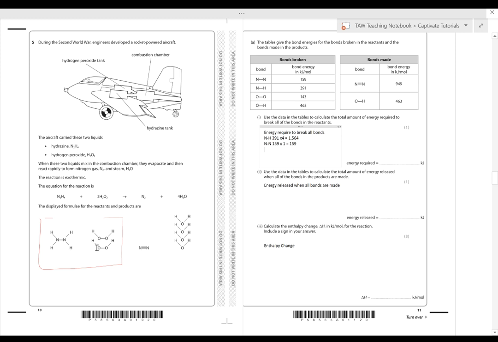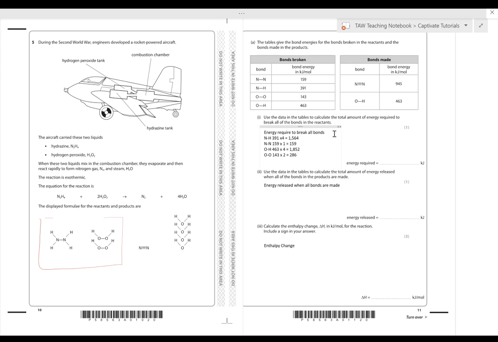Moving on to this hydrogen peroxide, we've got O-H bonds 1, 2, 3, 4. So that would be 463 times 4. And finally, we've got 1, 2 oxygen to oxygen single bonds. So that would be 143 times by 2.